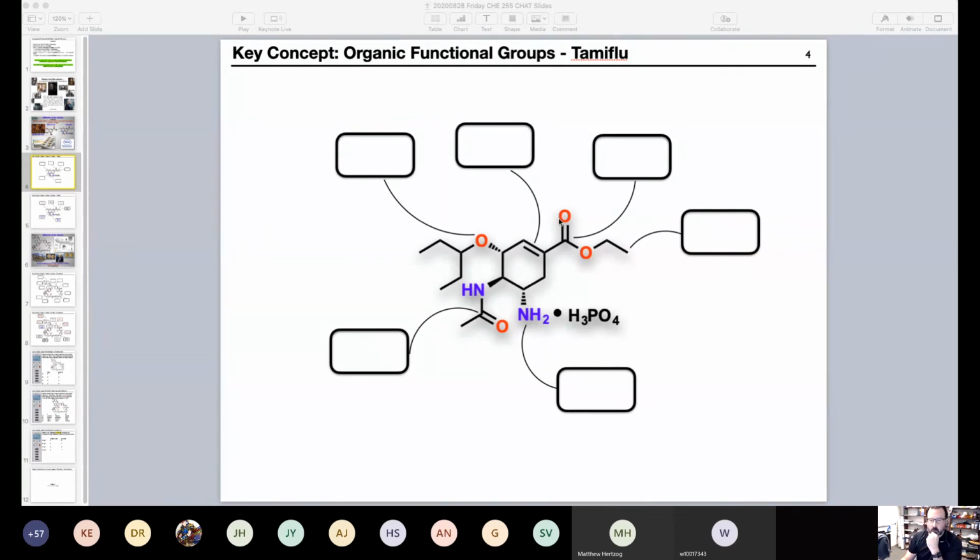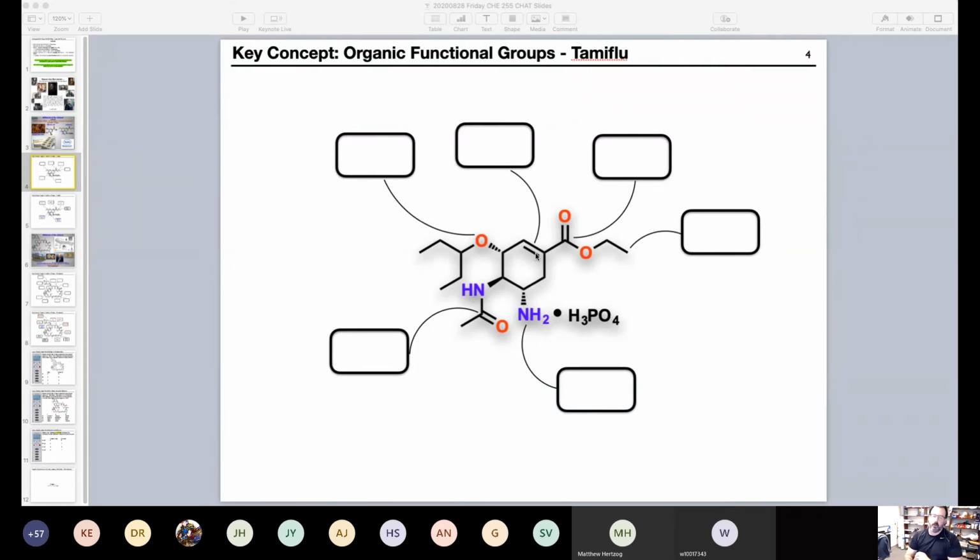So what about this functional group here? We have a carbon-carbon double bond. What's that called? So it's called an alkene, A-L-K-E-N-E, alkene.